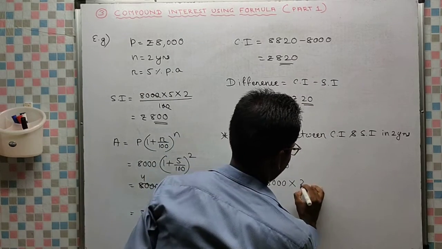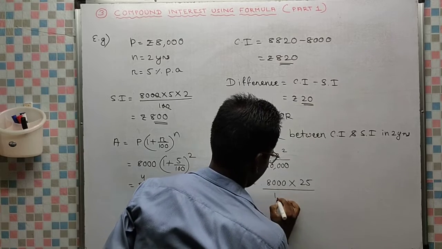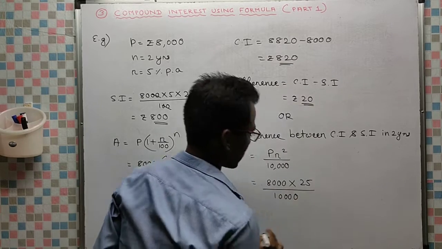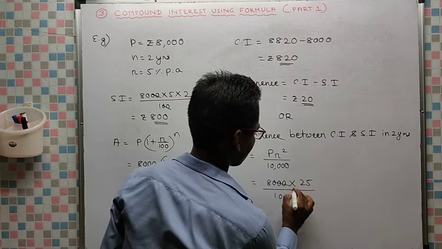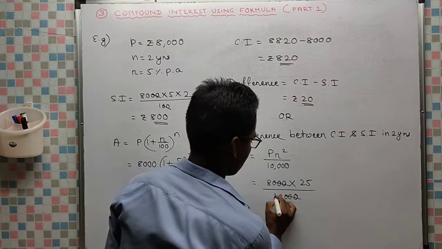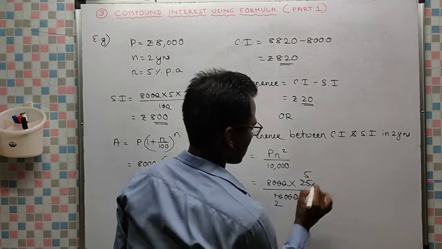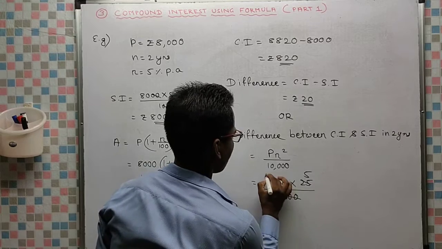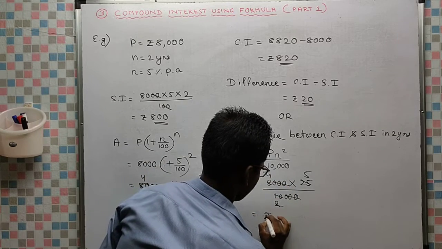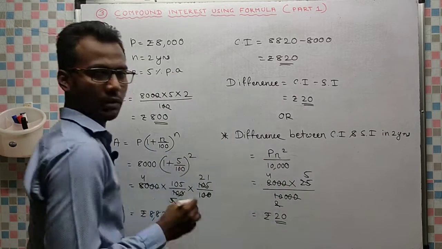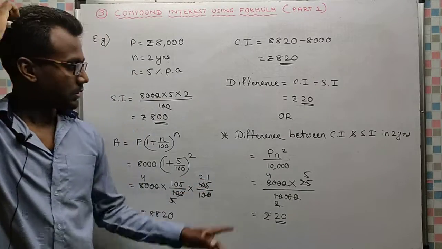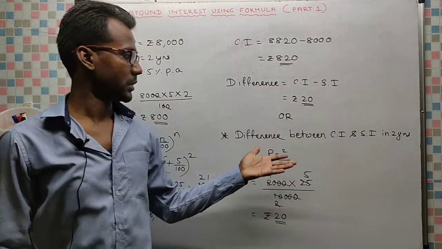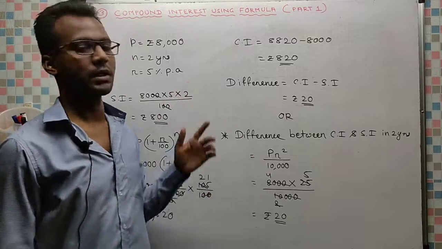So 5 square is 25 by 10,000. Cancel. 5 2s are 10, 5 5s are 25, 2 4s, rupees 20.